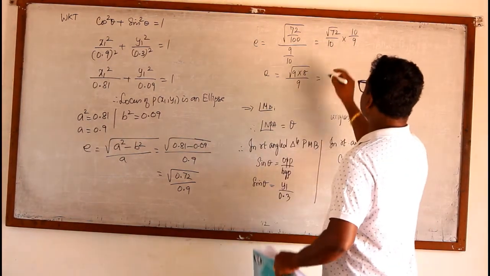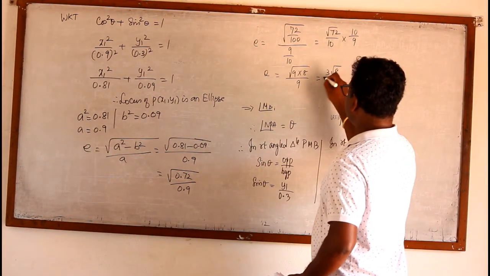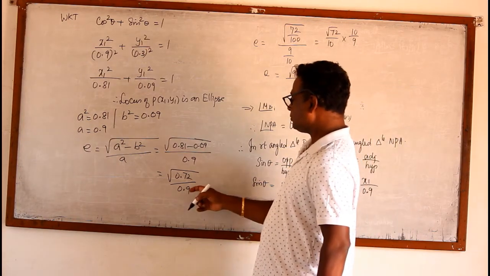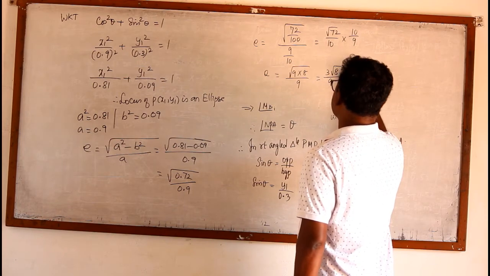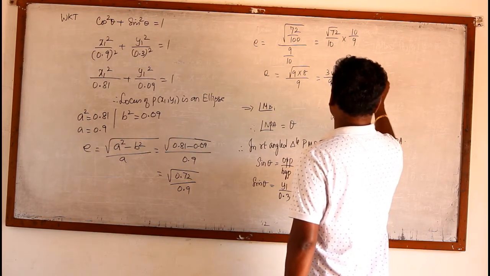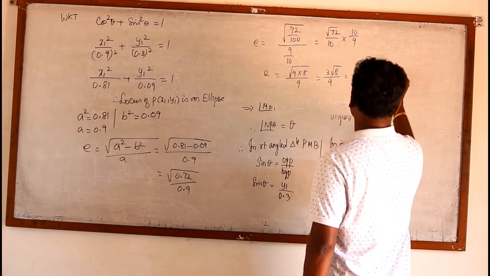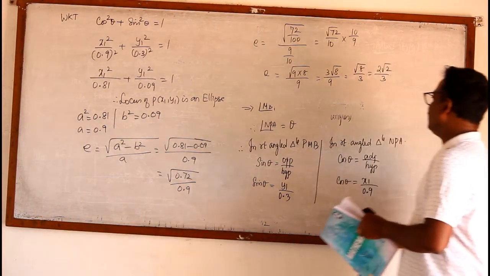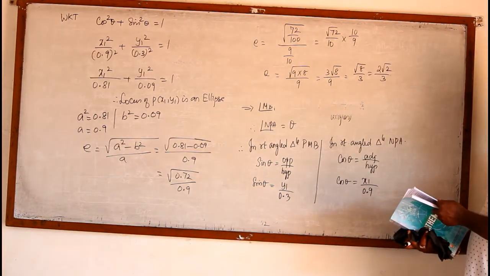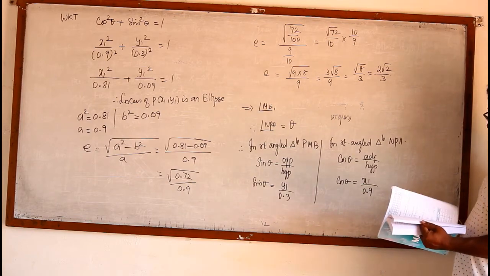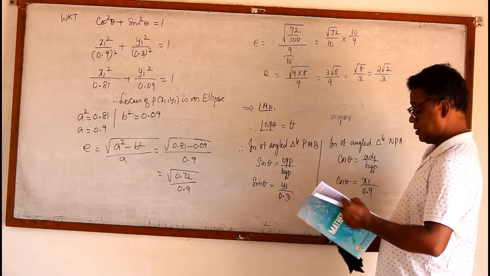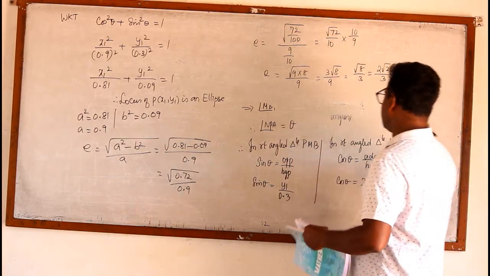Then it is 3 into root 8 by 9. So it is root 8 by 3, that is 2 root 2 by 3. This is the value of E. So we found the value of eccentricity E. So with that, this problem is solved.